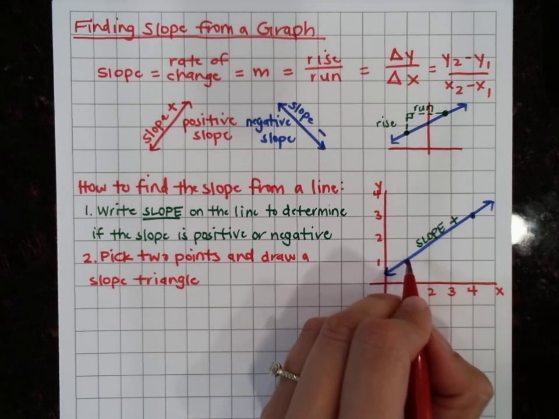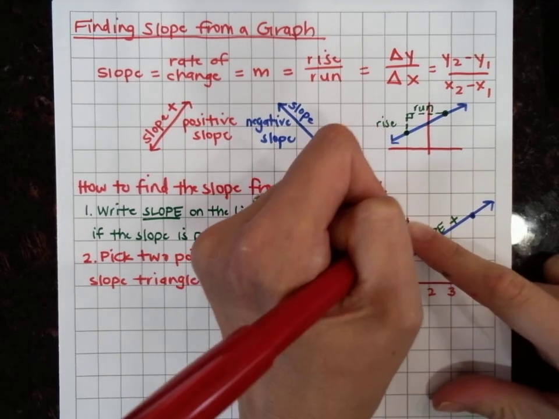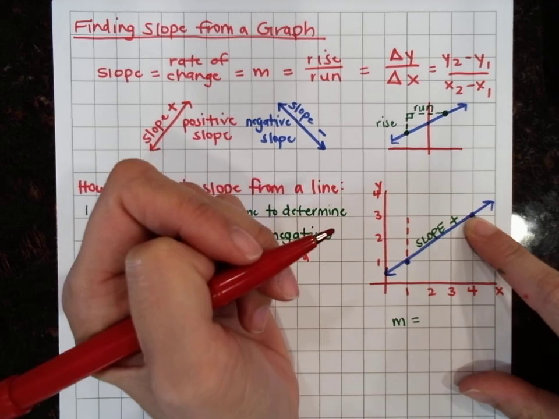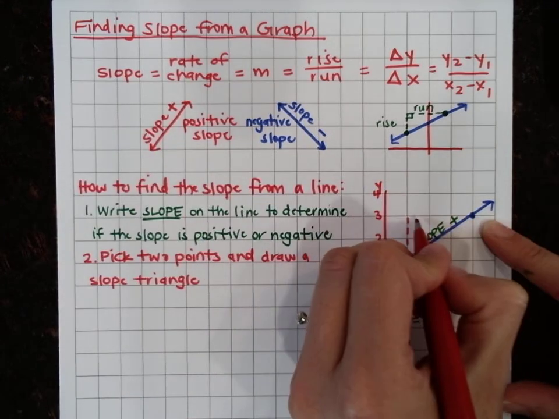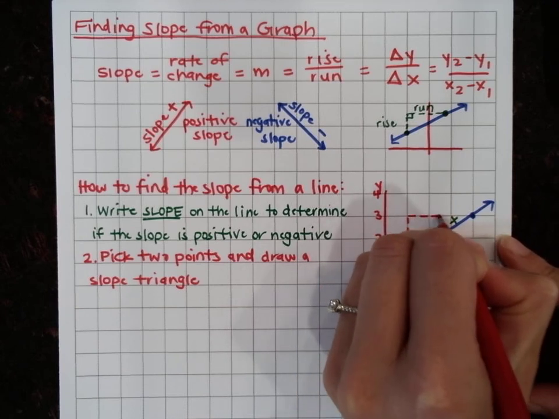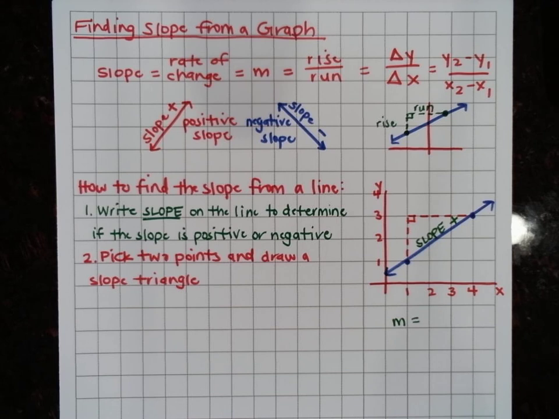So you start at 1 point and you draw your slope triangle up to the height of your other point. And then you turn to meet at that point, and there's your 90-degree angle that you just formed. So there's your slope triangle.